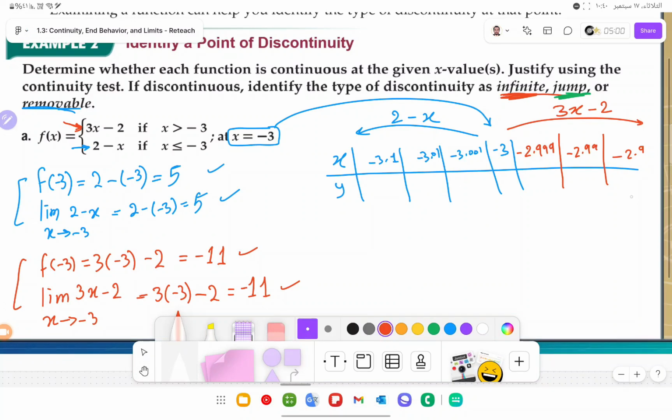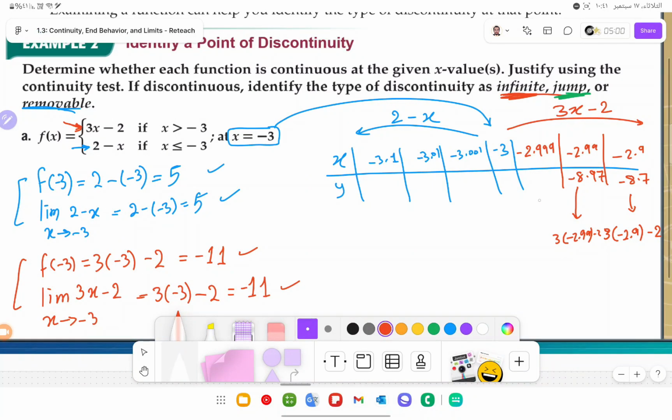When you replace negative 2.9, it is 3 times negative 2.9, always put a bracket, minus 2. So the answer for the first one is negative 8.7. Now replace this one also: 3 times negative 2.99 minus 2, and the answer is negative 8.97.